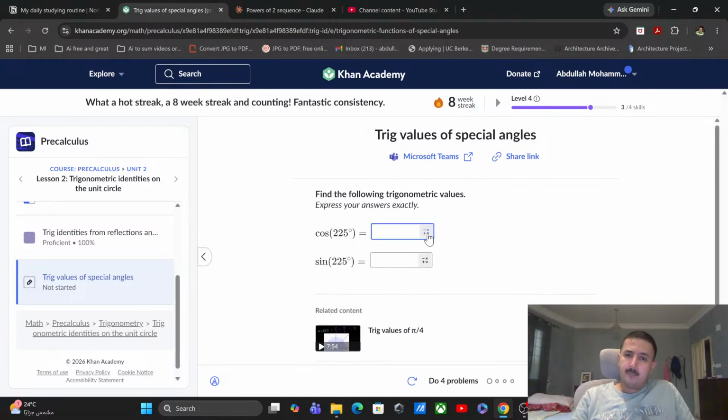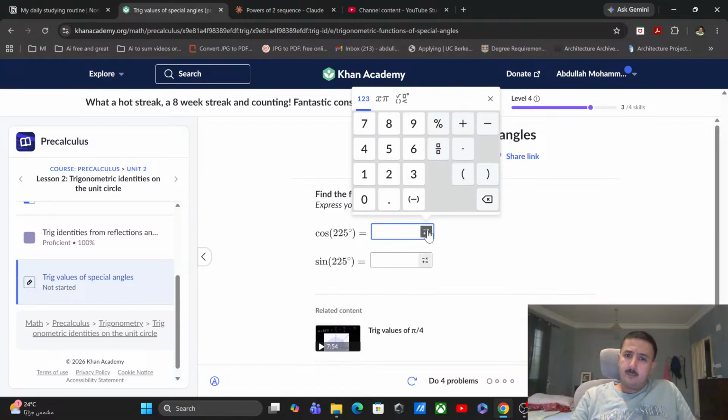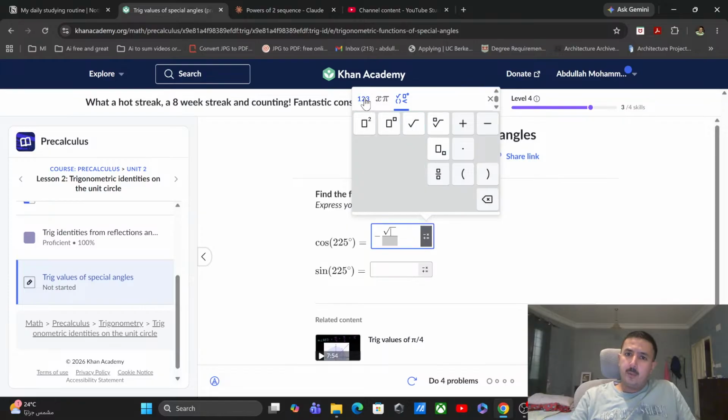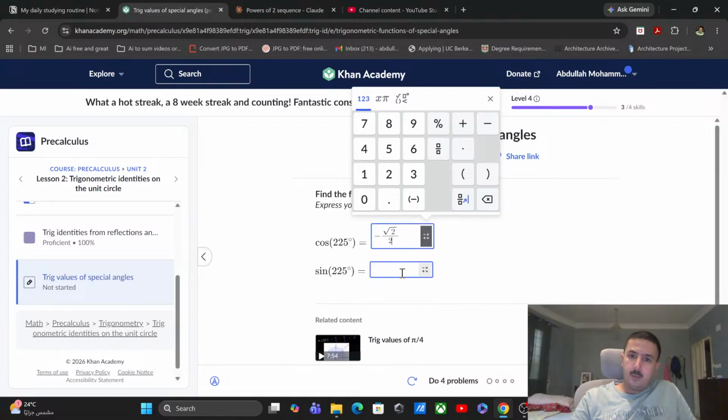Okay. Square root 2 over 2. And sine 225 degrees is still the same.